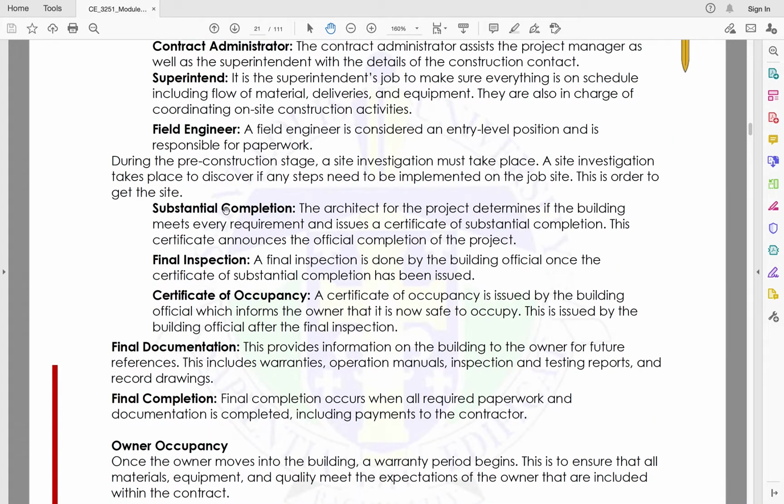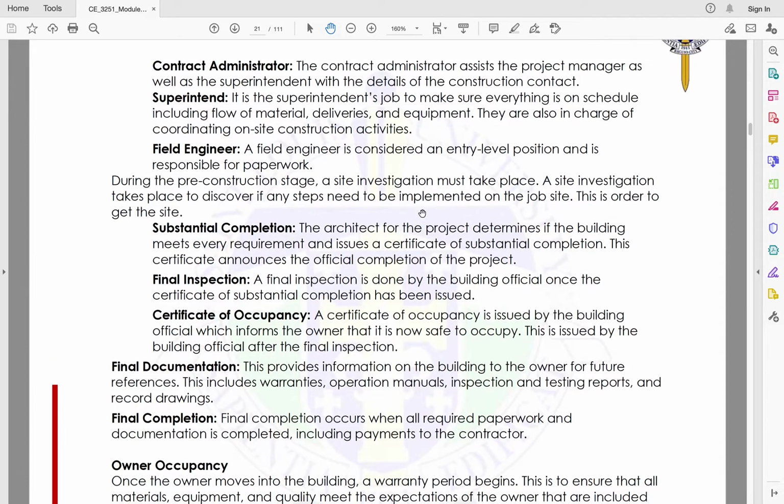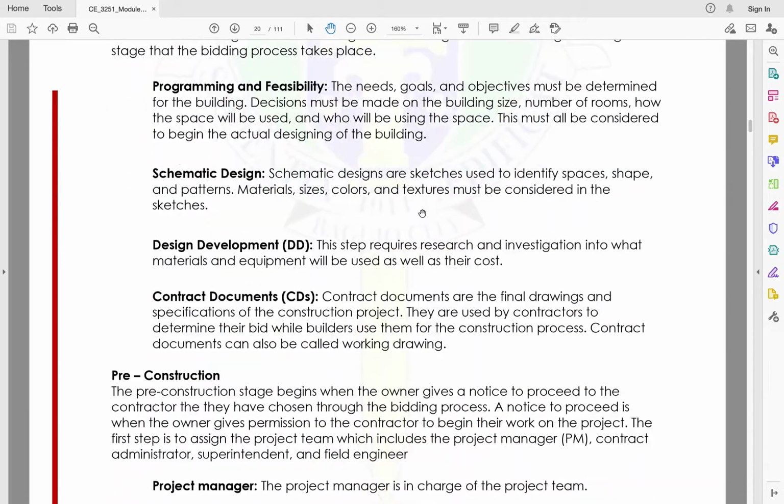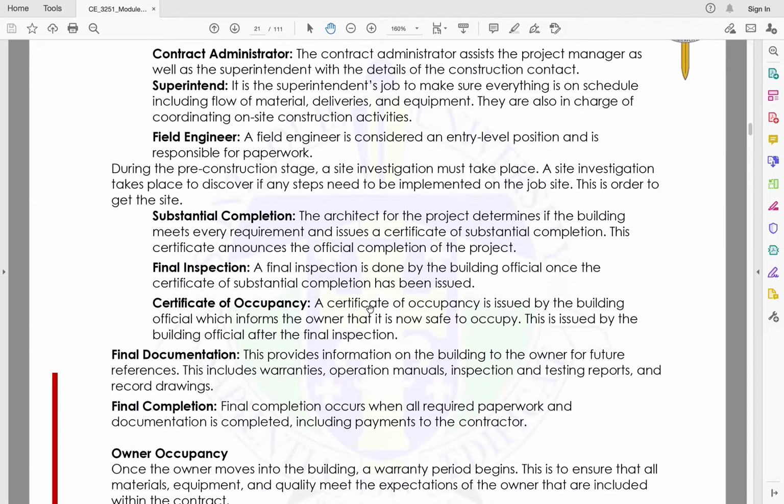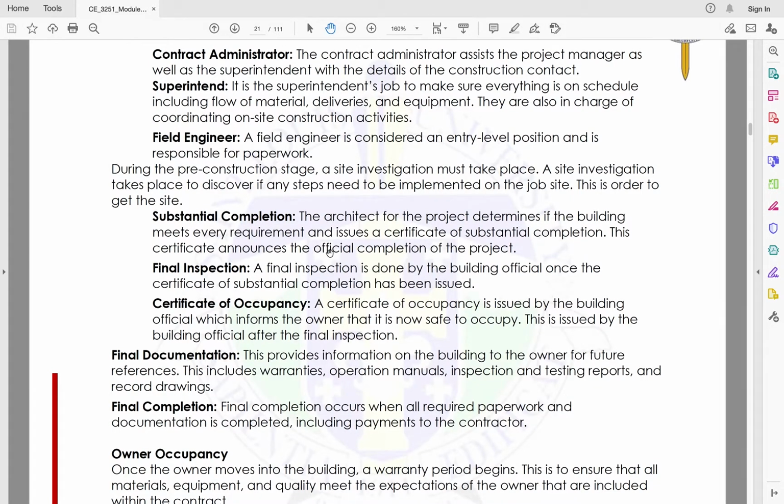Next is substantial completion. What is substantial completion? We defined that earlier. The architect issues a certificate that announces the official completion of the project.